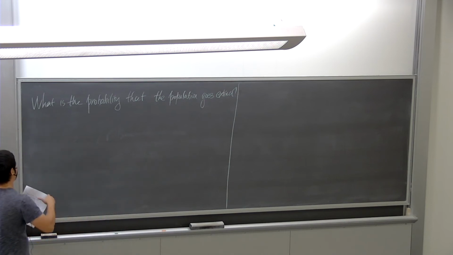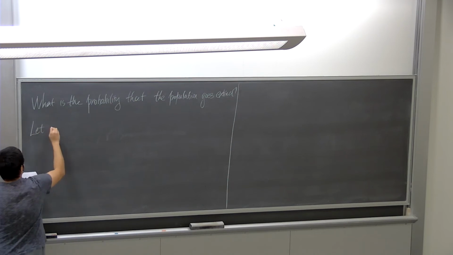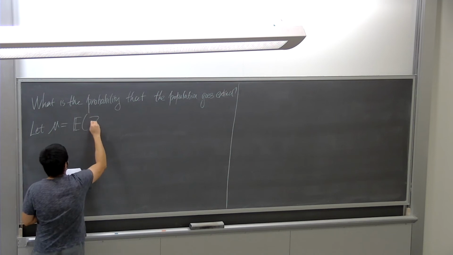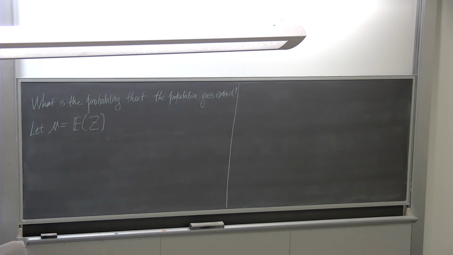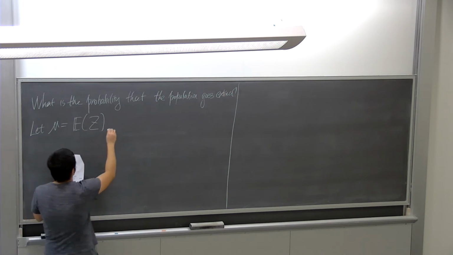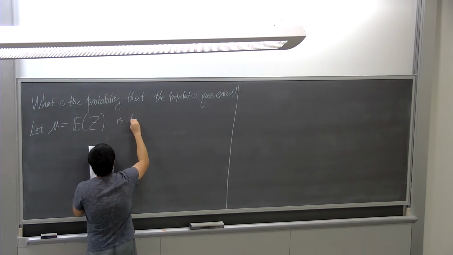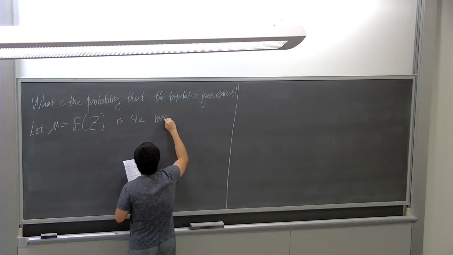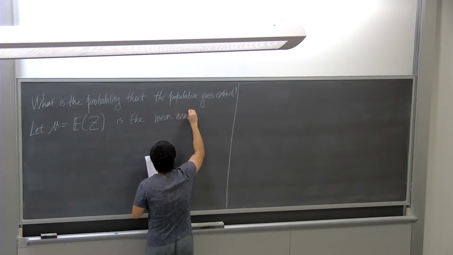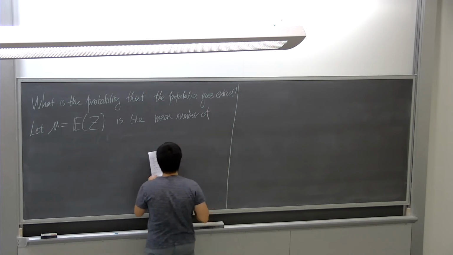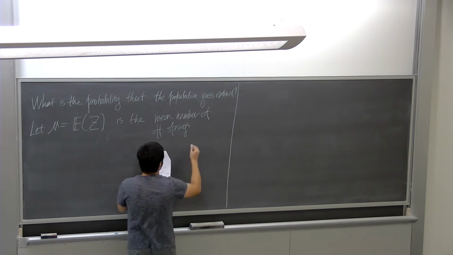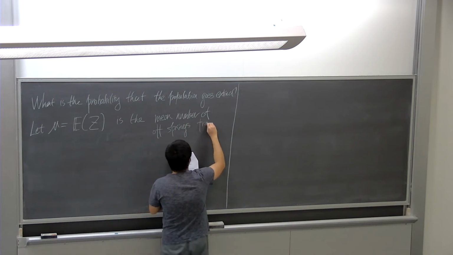First, let mu denote the expectation of our offspring distribution Z. This is the mean, or the expected number, of offspring from an individual.